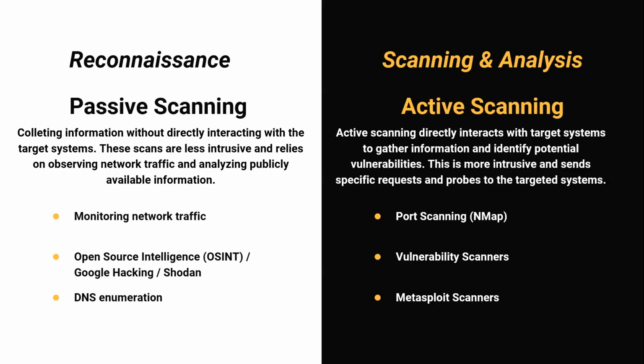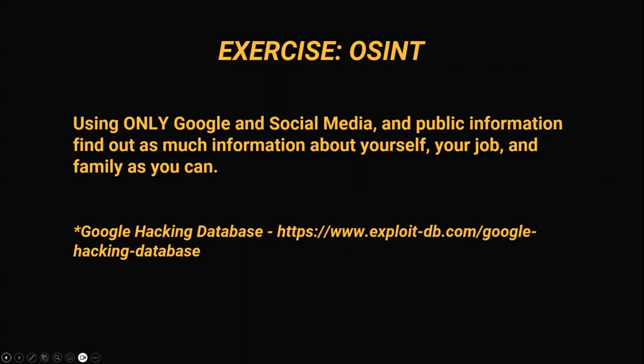Sometimes there are false positives, and then you still have to do the active scanning. Active scanning also gives some false positives, but it's a little more accurate. It is a lot more intrusive than passive scanning, because now you're actually sending packets and probes to the target system. This is where you're doing your Nmap scans and things of that nature.